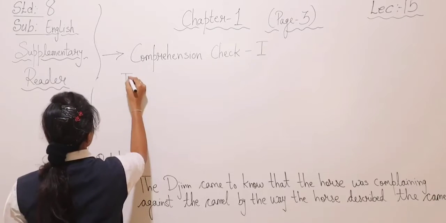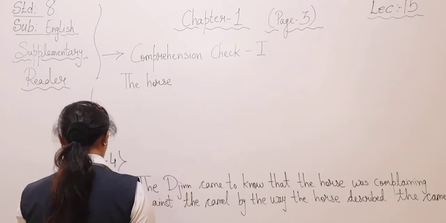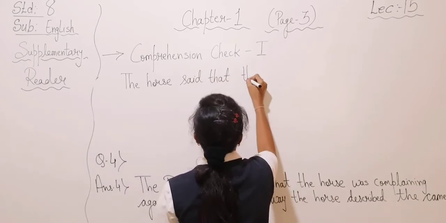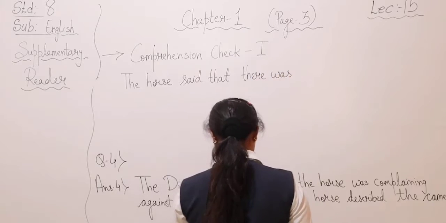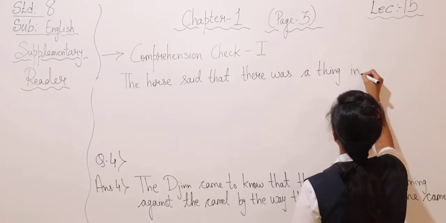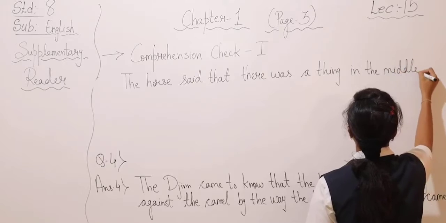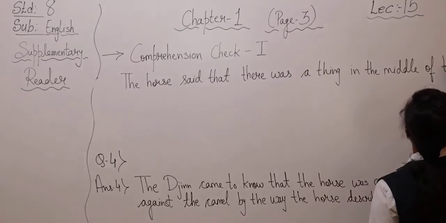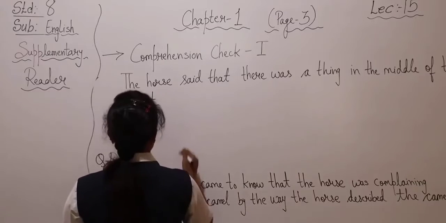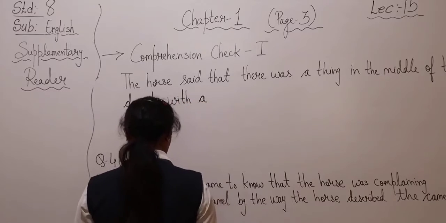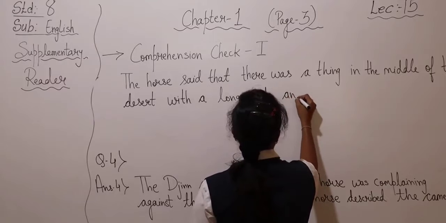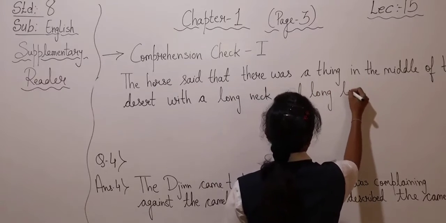The horse said that there was a thing in the middle of the desert with a long neck and long legs.